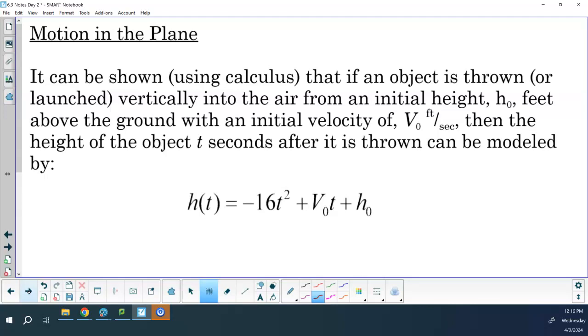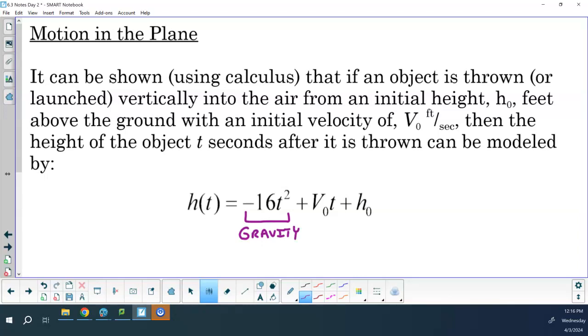First off, does gravity ever change? No. So that's this part right here on our function. This part right here, this is gravity.